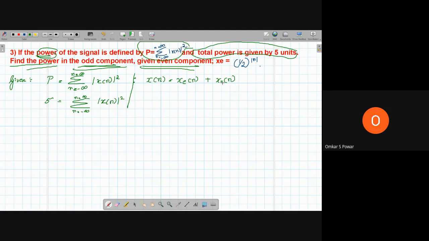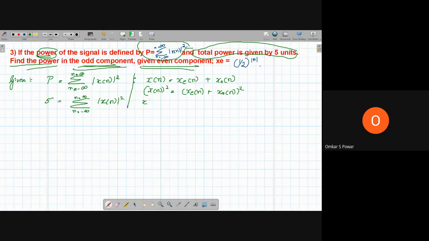And to solve this one, we should take an approach. They have said that power in the odd component. So usually it should be x square, some summation should be there. So we will square on both the sides. x of n the whole square is equal to x even of n plus x odd of n the whole square.